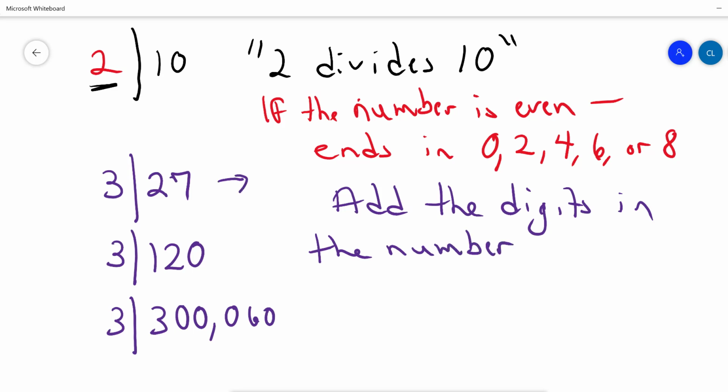So here, 2 plus 7 equals 9, and we know 9 is divisible by 3. Here, 1 plus 2 plus 0 equals 3, and we know that 3 is divisible by 3. Here we have 3 plus a bunch of zeros plus a 6. We have 3 plus 6 equals 9, and again 9 is divisible by 3. So when we add the digits together, if that sum is divisible by 3, the entire number is divisible by 3. If not, the number is not divisible by 3.